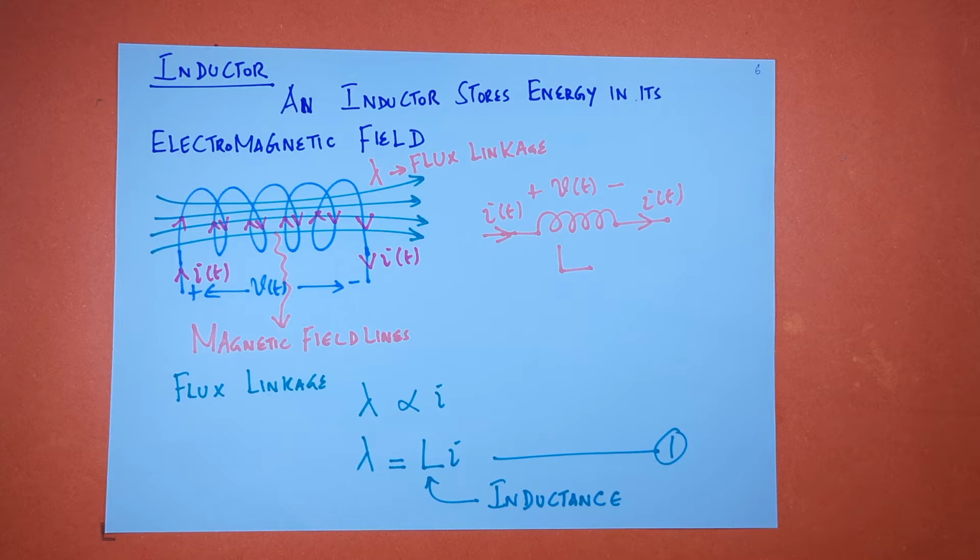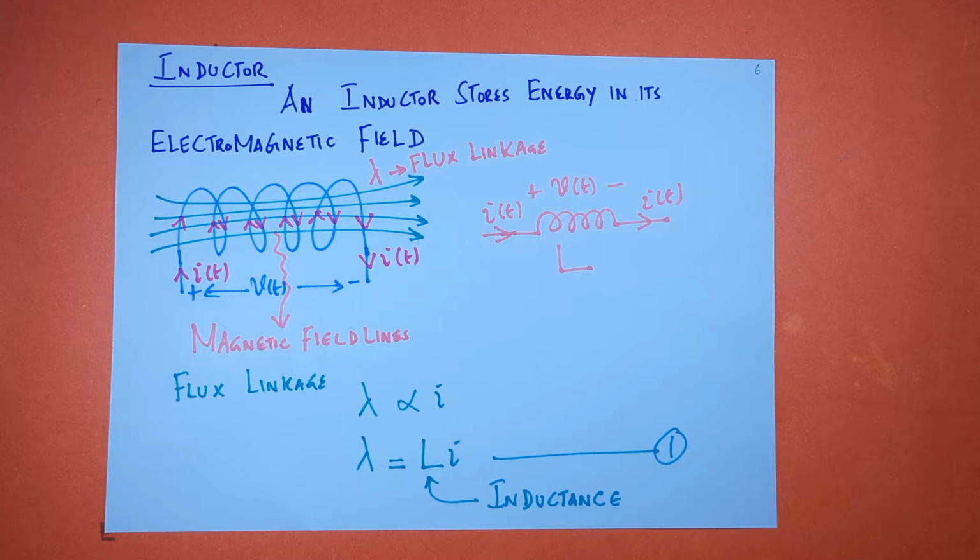Okay. So you might have studied in your lower classes, whenever current flows through a conductor, a magnetic field gets established around the conductor. Similarly, this is also a conductor, but not a straight conductor. It is a coil.